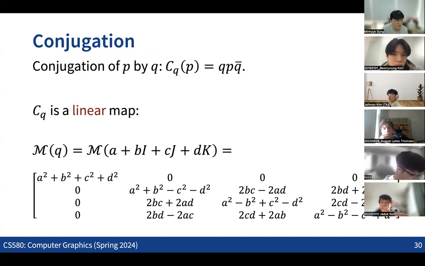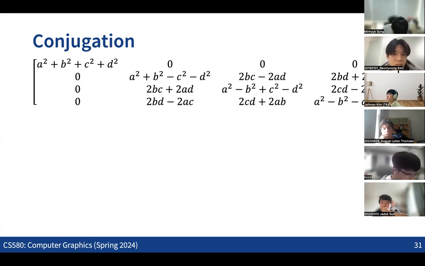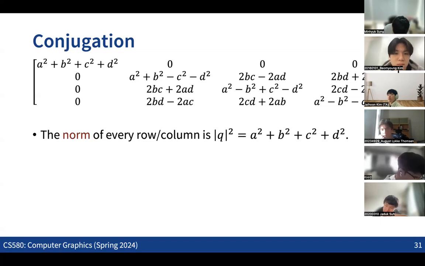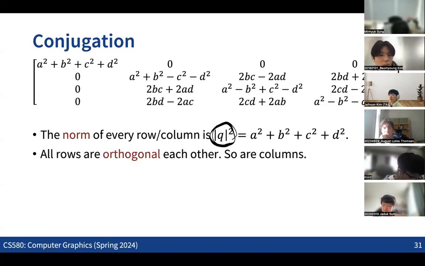And the interesting thing is that this conjugation operation has many interesting properties. This is the main part for me. If we look at the norm of each column of this matrix, you can see that the norm of every row and every column becomes the square root of the norm of the input quaternion Q. Also, all the rows and all the columns are orthogonal to each other.